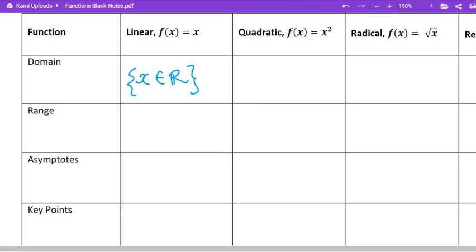No, it goes up and up and up forever and ever. So the range of a linear function is that y belongs to the entire set of real numbers. 1, 2, 10, a million, infinity. Hi, Sebastian. We don't yet know what an asymptote is, but I'm going to tell you the linear function does not have an asymptote. Not applicable, NA.